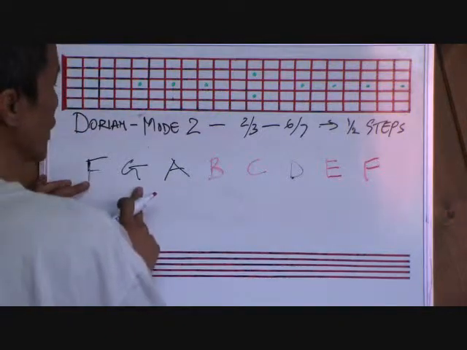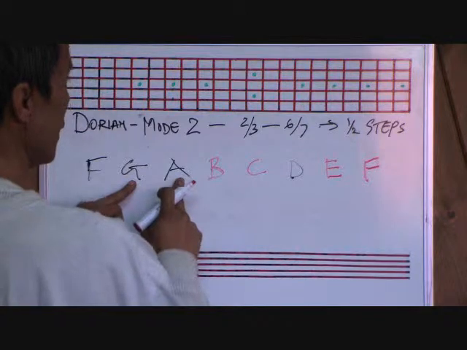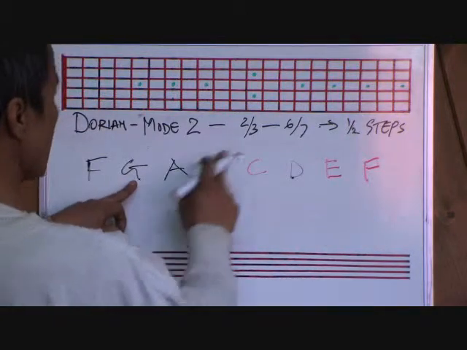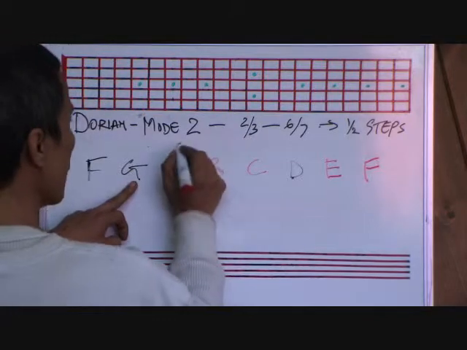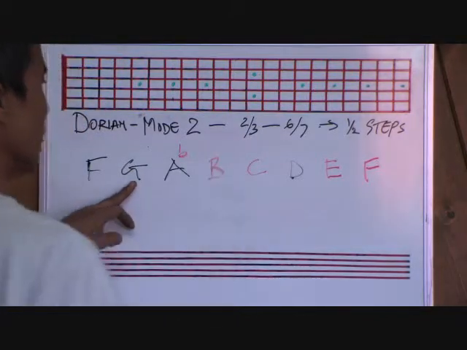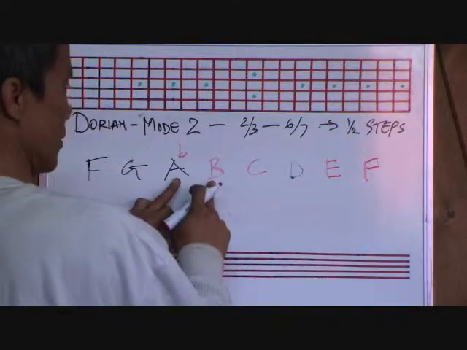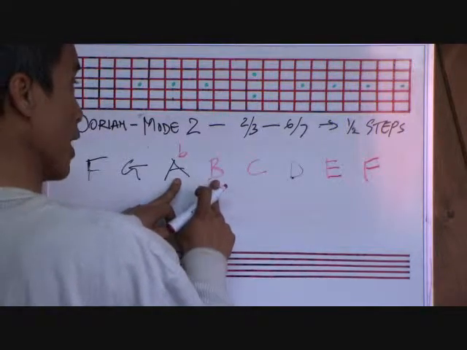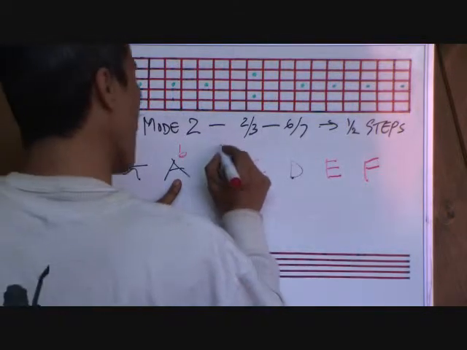So F to G, full step, leave it alone. G to A is a full step, but we need to make it a half step according to the formula. So you need to flat the A now. Okay, from A flat to B is a 1.5 step. You need to flat the B now.